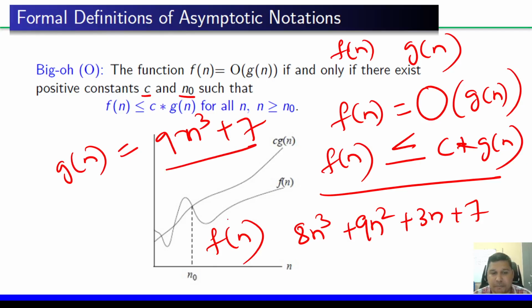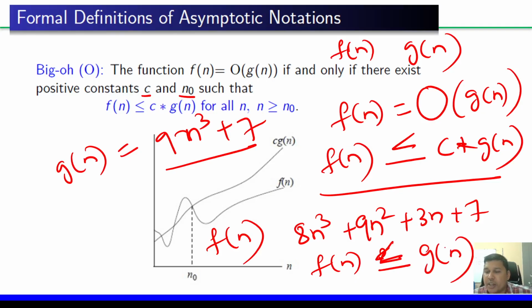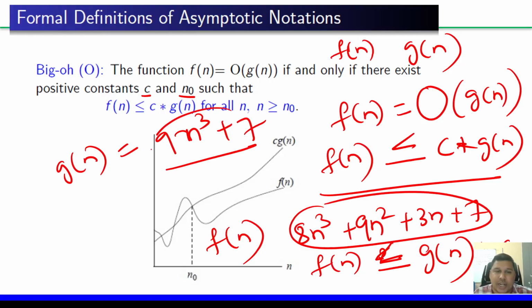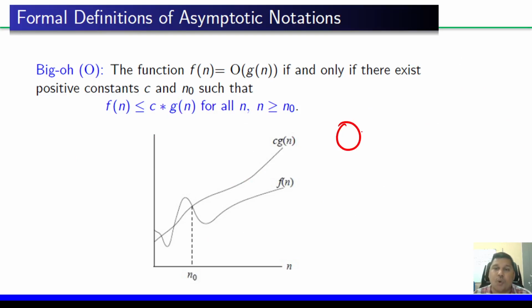So in this case f of n is less than or equal to g of n by some multiplication factor, because you have to multiply this with something so that you get this. So c is such kind of a constant. So f of n less than or equal to g of n, then we have to use big O notation.